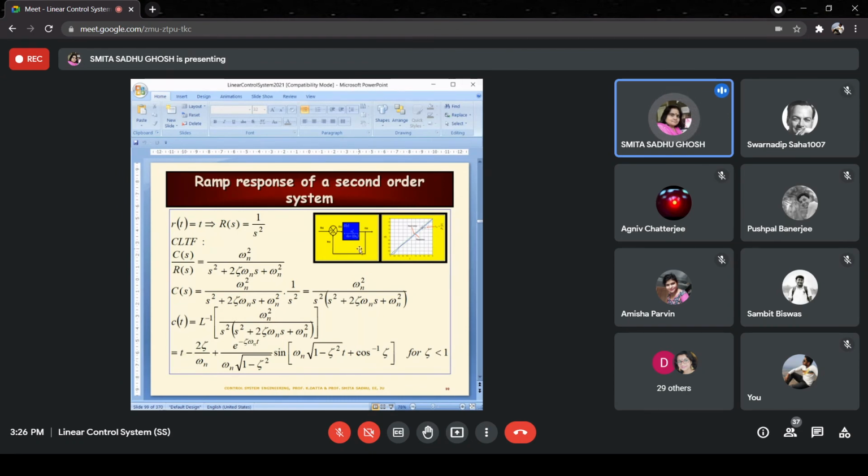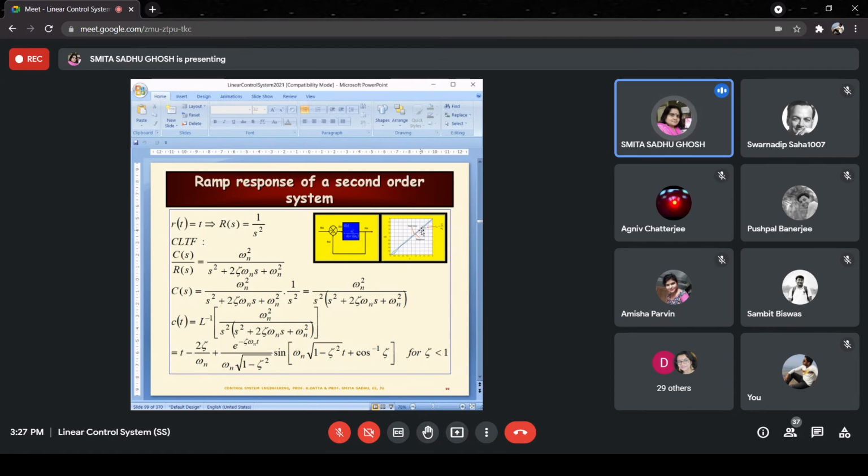So the output is not going to be following the first ramp that we spoke of, that is the ramp which starts at 0 and then goes up with the slope. There will be a constant difference with that ramp, meaning that the ramp will be closely followed, but at each point in time there will be a slight difference.